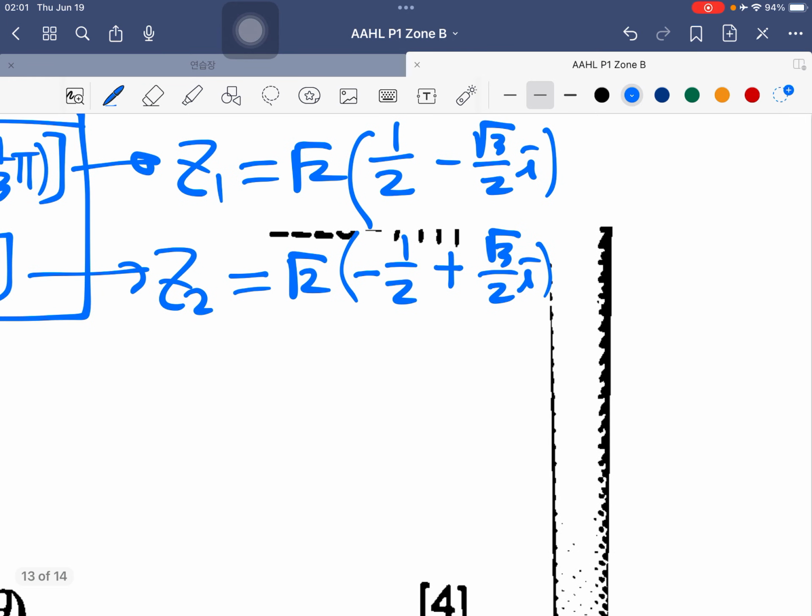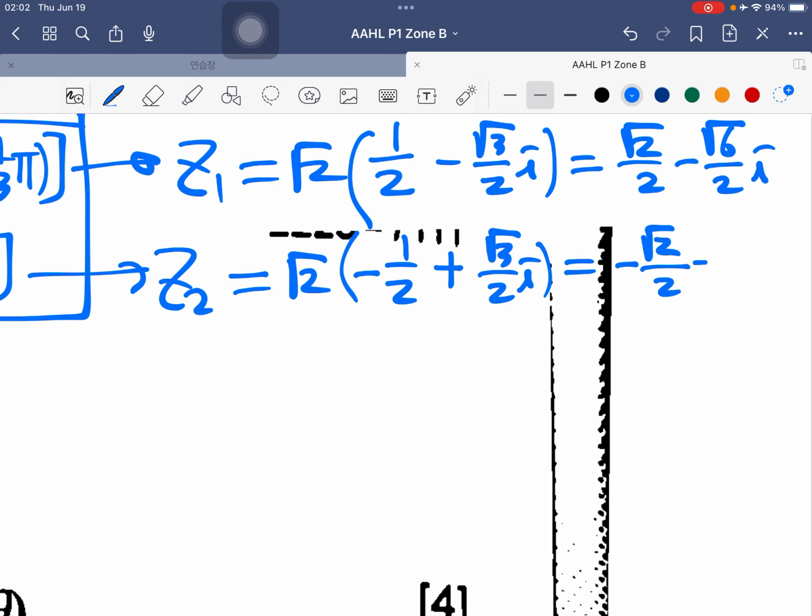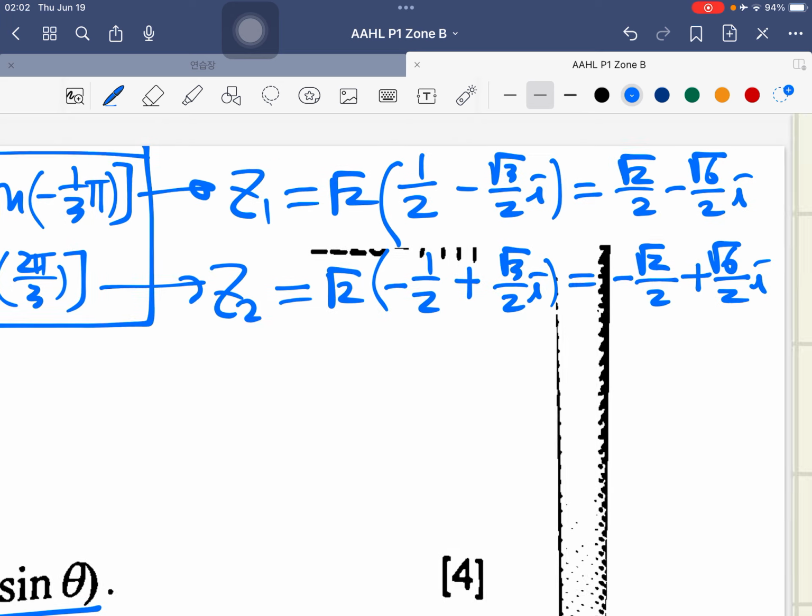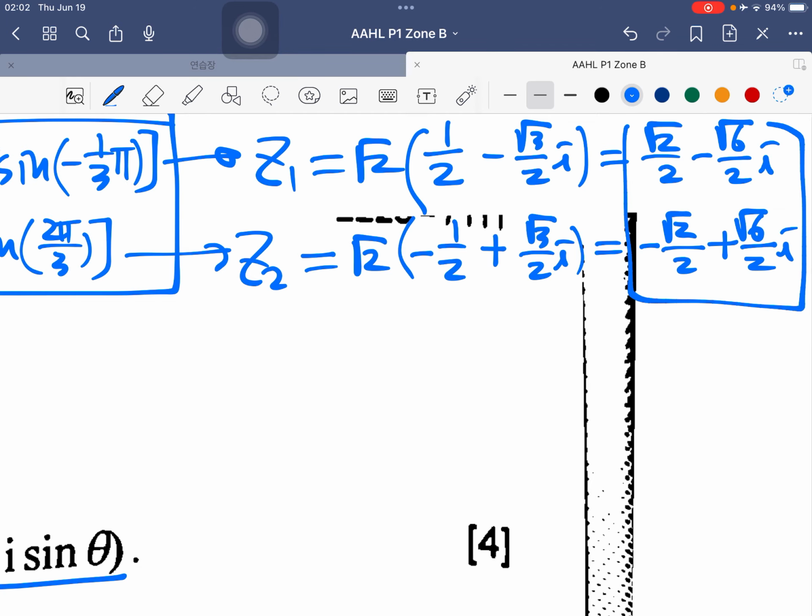So simplifying this, we will have root 2 over 2 minus square root of 6 over 2 i, and then we got minus square root of 2 over 2 plus square root of 6 over 2 i. So this is the answer.